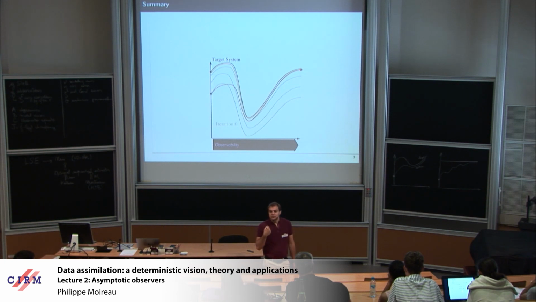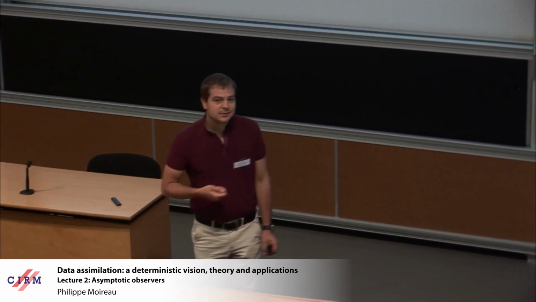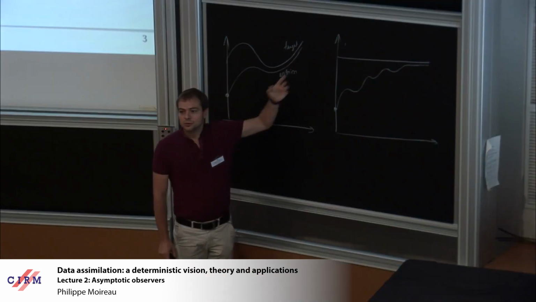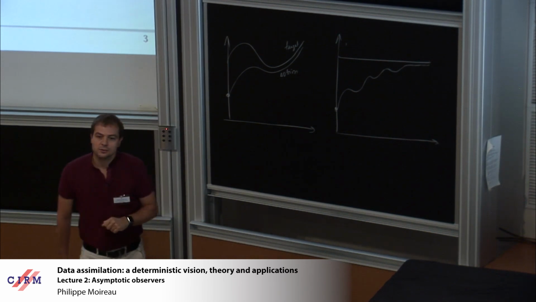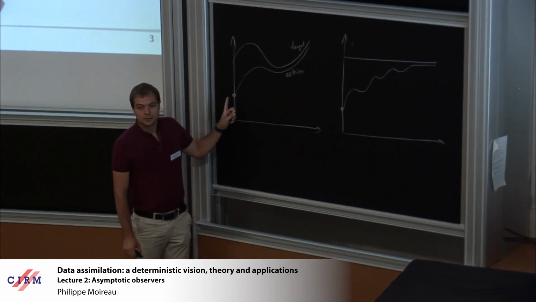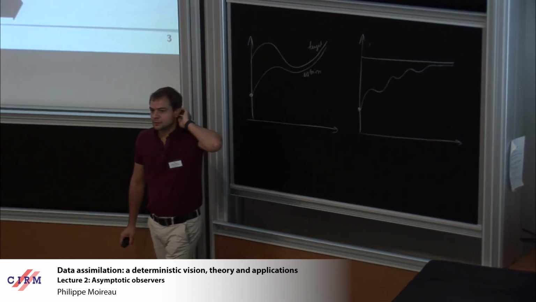Now, my idea for this second lecture is to show you that we can change our point of view and say, let's forget about least square estimation, and let's try to understand the type of property that we can have so that when you define an estimator, you converge asymptotically to the target solution.